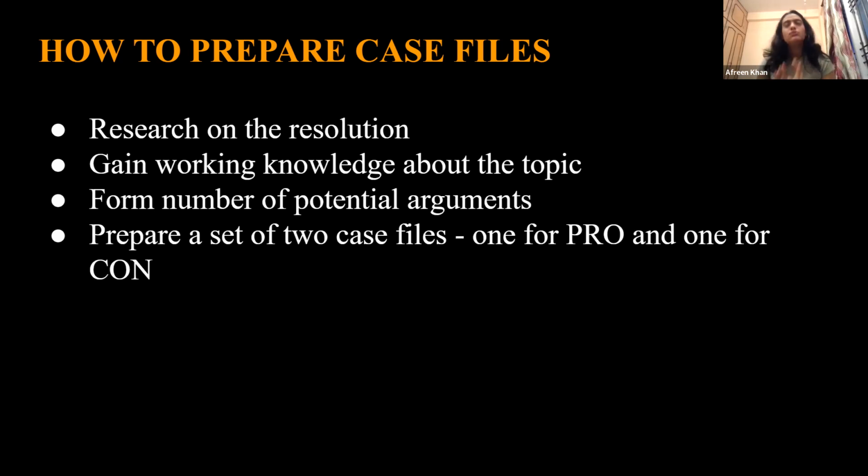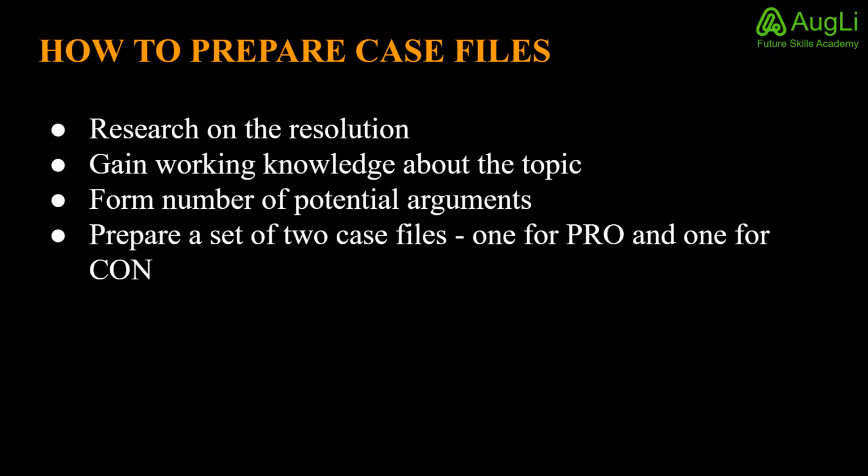However, you're supposed to at least have potential arguments in your sheet, so that if the proposition or the pro is going to run a couple of cases, you can run the exact opposite to them, so that our cases completely clash with each other, and therefore we would be able to convince the judge why we win the debate, as opposed to you running a parallel case which is not going to give you any value until you compare why your case should matter the most.